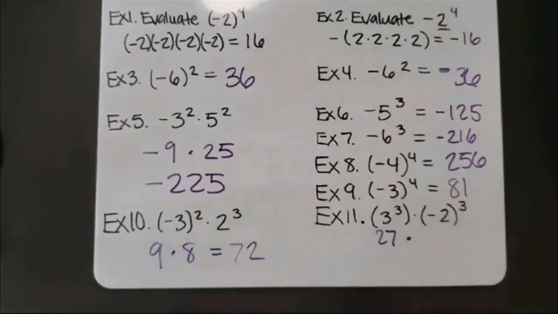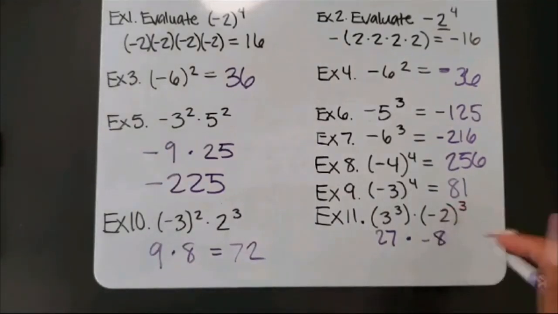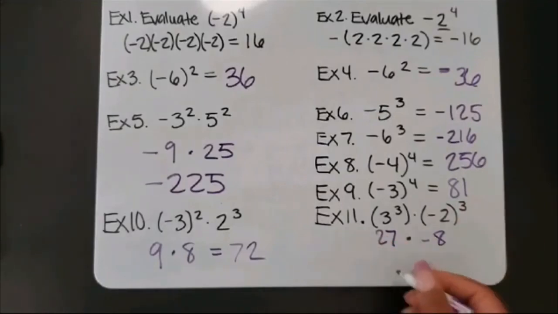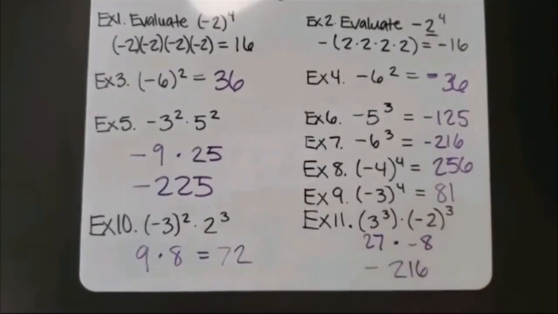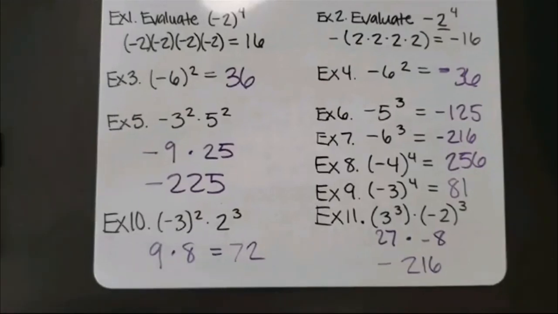That's 3 negatives being multiplied by each other. So our ending answer is going to be negative. So we have -8. Then when we do 27 times -8, we get -216. Okay? So these are the basics of the exponents.